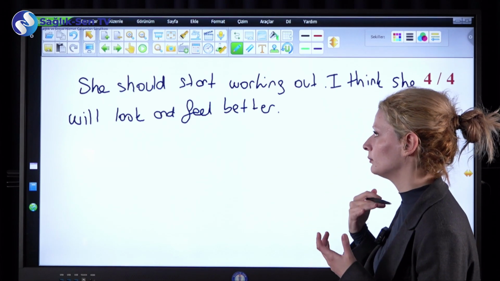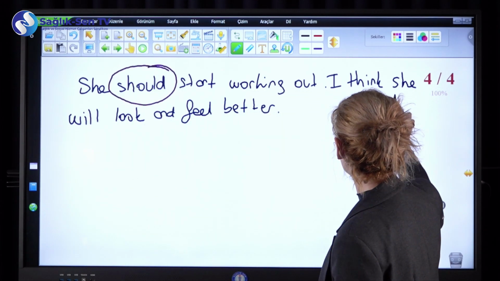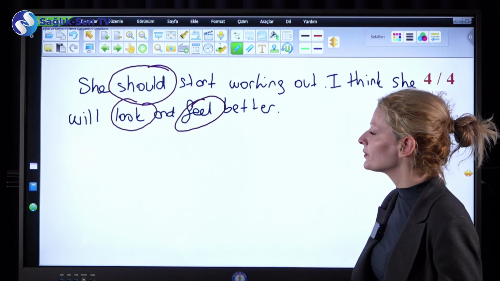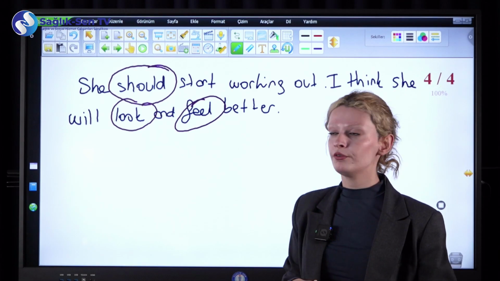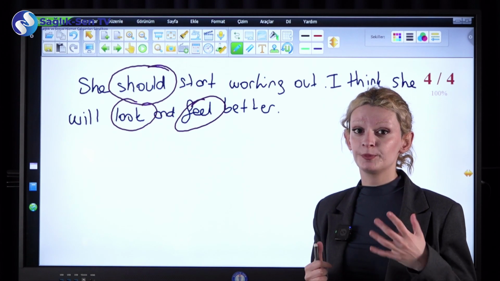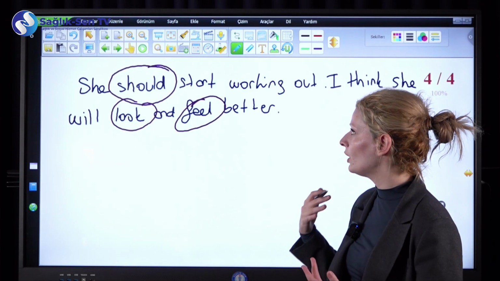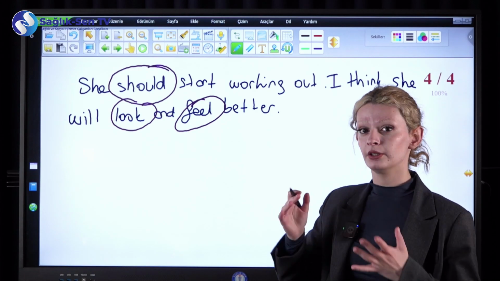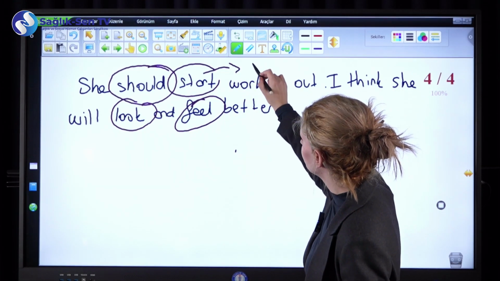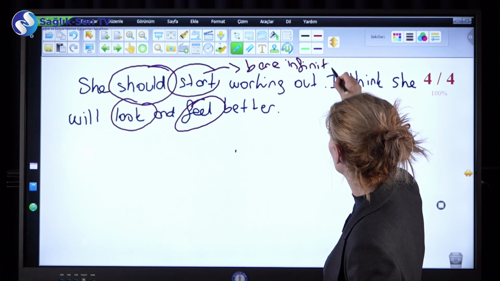I'm expressing my opinion. She should start working out. I think she will look and feel better. This is an example of how modals don't change depending on the subject of the sentence. And also, after all of our modals, I'm talking about modals 1, we use the bare infinitive form of our verb.